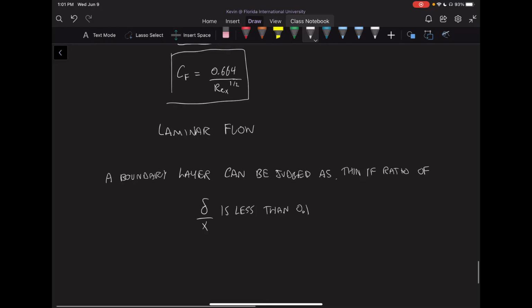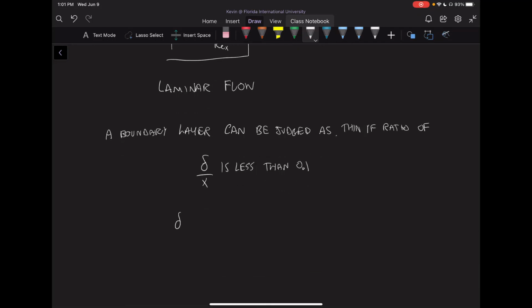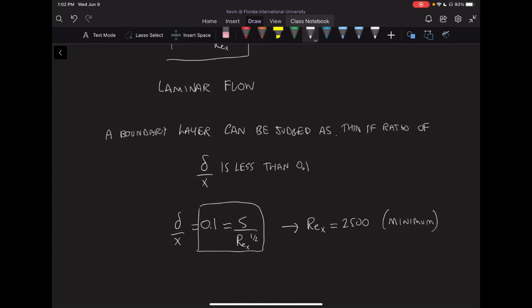Now, we also know that the exact solution for delta over x, if delta over x is equal to 0.1, is equal to 5 over Reynolds x to the 1/2. So that means if we rearrange this side of the equation, we can find that Reynolds x should be equal to 2,500 minimum in order to have a boundary layer considered thin.